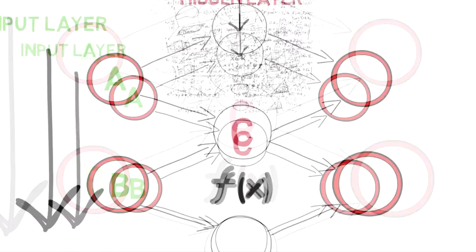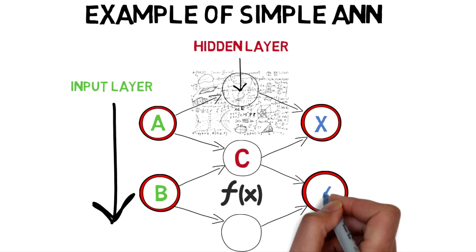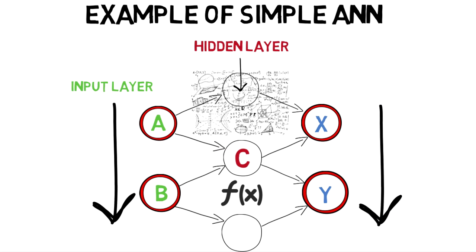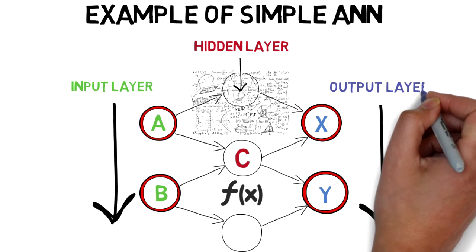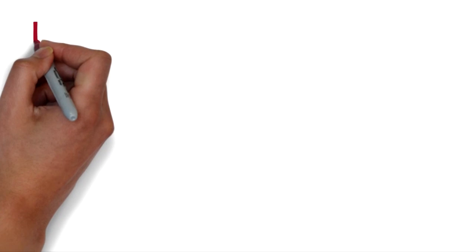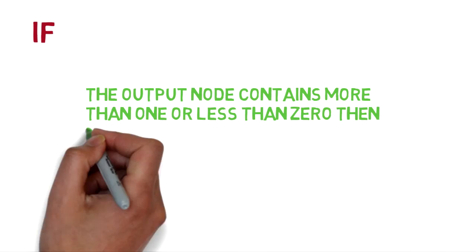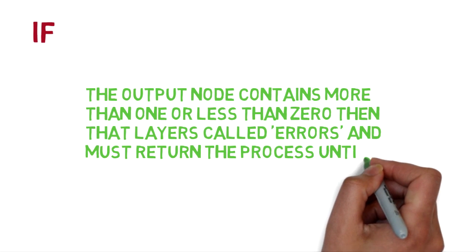We can say there is C in the hidden layer, and after computing on the hidden layer, we have X and Y on the output layer as a result. If the output node contains more than 1 or less than 0, then that is called an error and must return to the process until it has a range between 0 and 1.